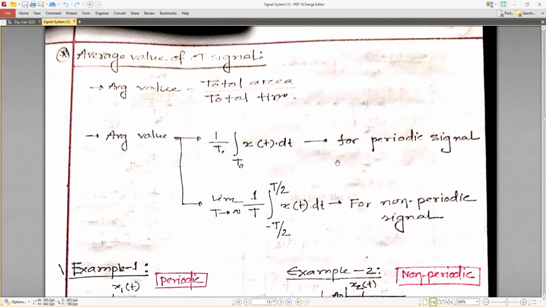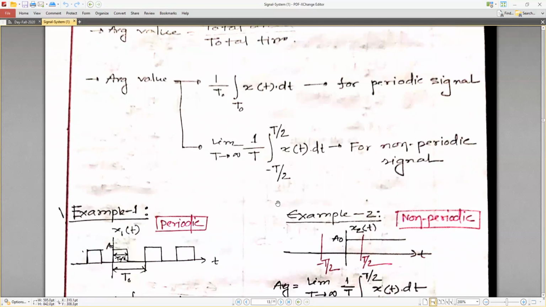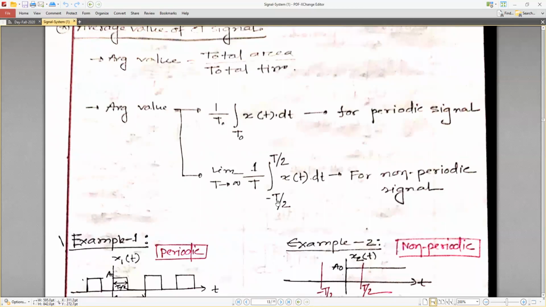So two things: one for periodic and another for non-periodic. We already know what the periodic and non-periodic signals are.